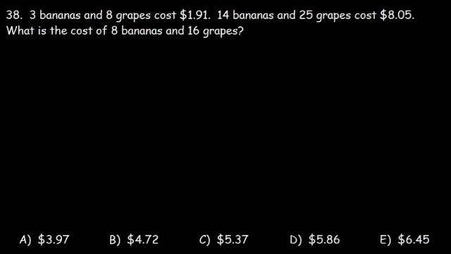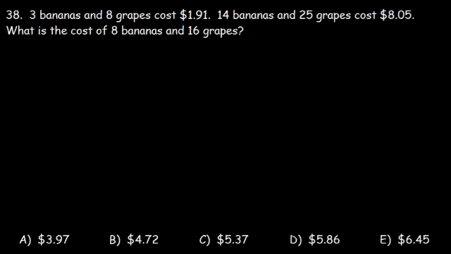38. 3 bananas and 8 grapes cost $1.91. 14 bananas and 25 grapes cost $8.05. What is the cost of 8 bananas and 16 grapes? So we need to write two equations and solve for the cost of bananas and grapes. Then we can find the cost of 8 bananas and 16 grapes.